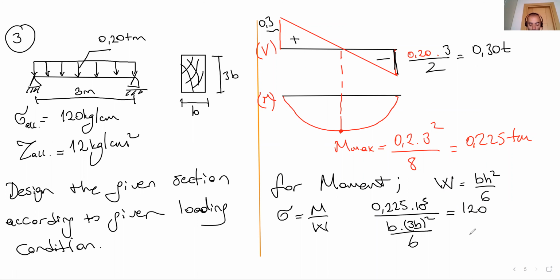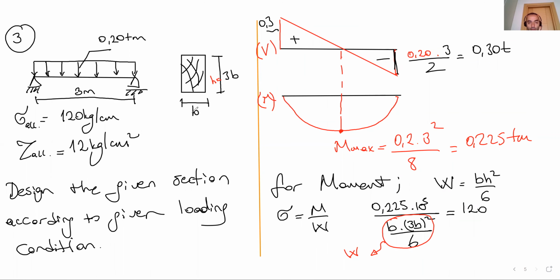Now, this part is completely regarding the W. The 3B here is H. There is a relationship between the width and height of the section.